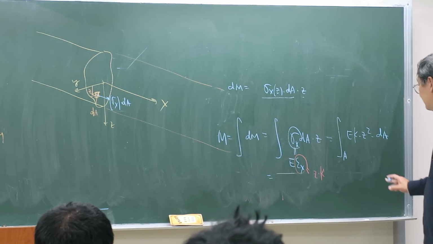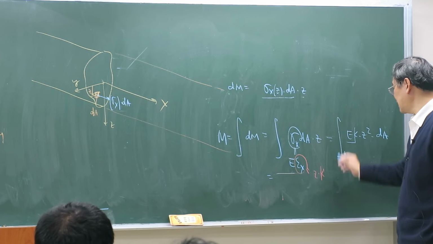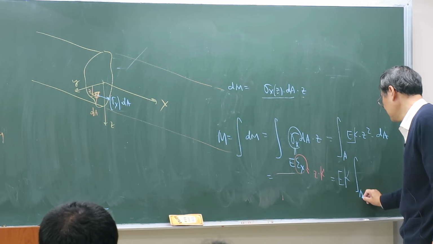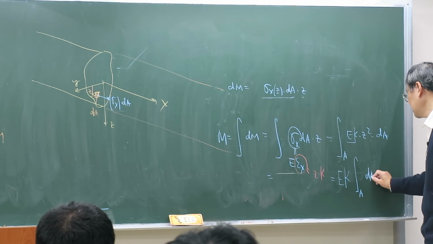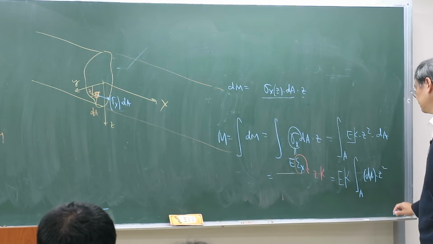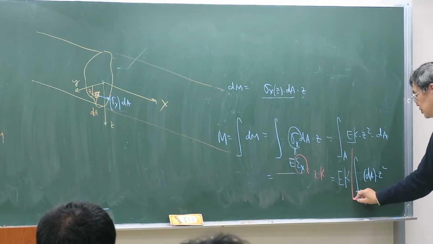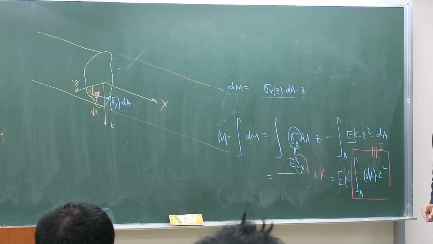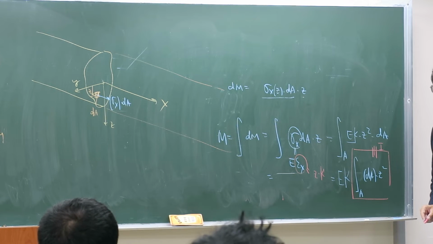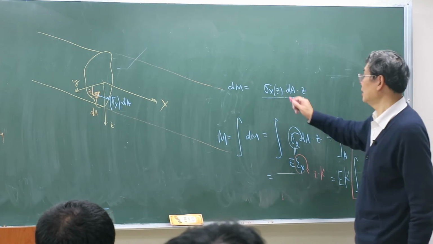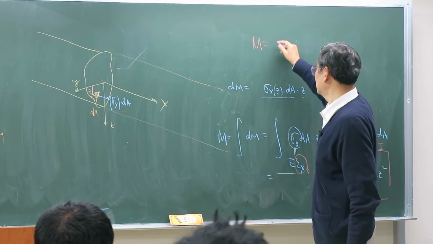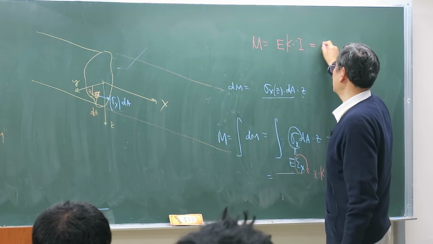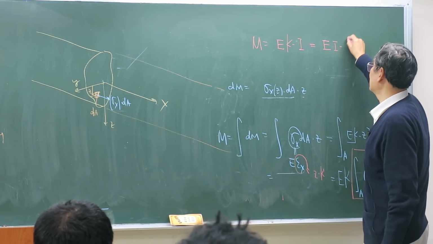This is constant for this x coordinate, so I can take E and the curvature out, with the integration of dA times z squared. And this is the definition of I. So we have the moment equal to E k I, or E I times curvature.